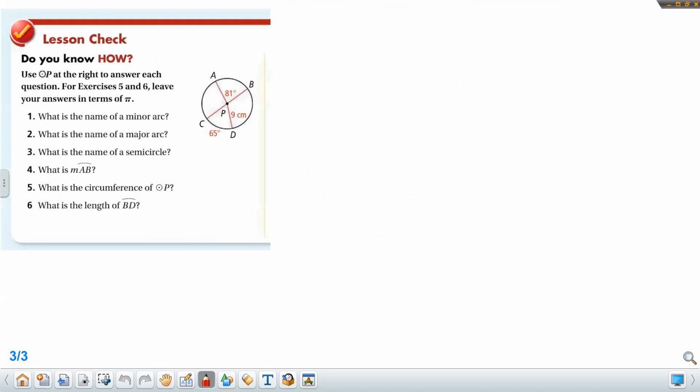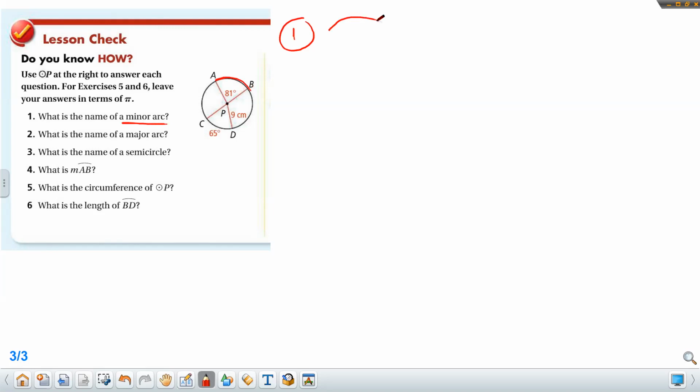First one. What is the name of a minor arc? Here is an open idea. Number 1 may have 2 or 3 answers. Like AB, BD, CD.